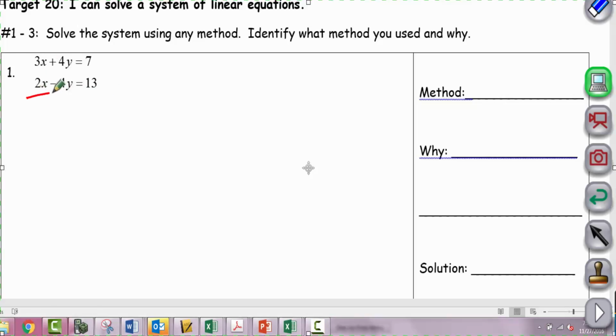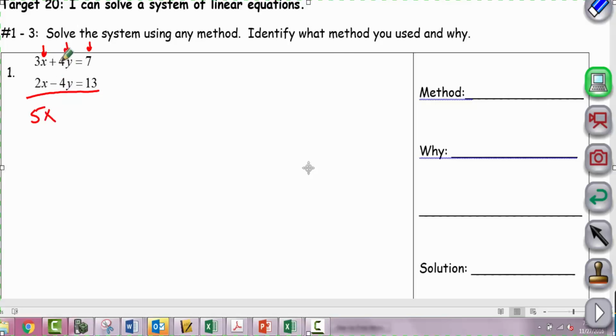So in this problem, elimination is going to work the best because we have the x's and the y's and the numbers all lined up. It doesn't matter so much that the equals is right there after the x and y, but that's the normal format for this. Now in this particular case, I can add them straight down because the y's are going to be eliminated. So in this case, it would be 5x.